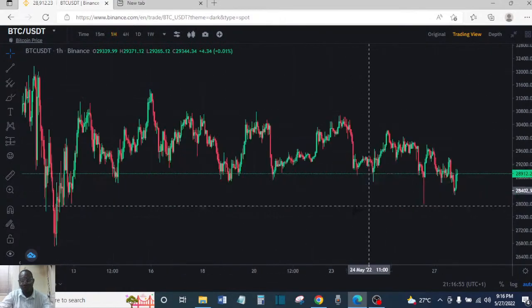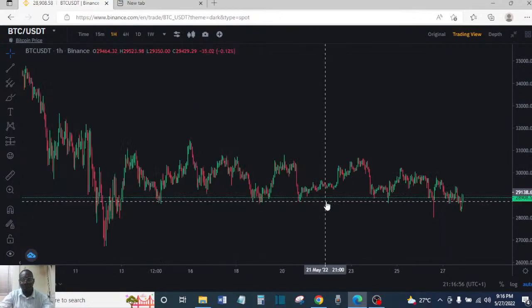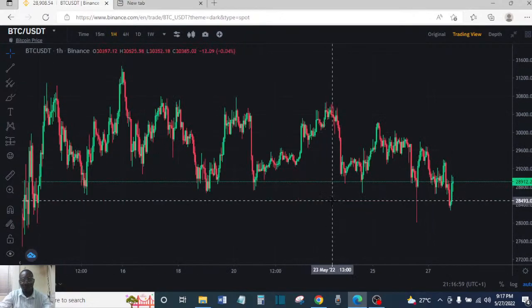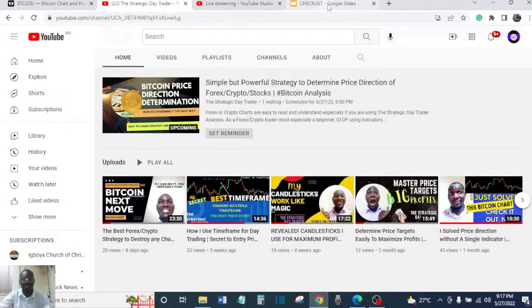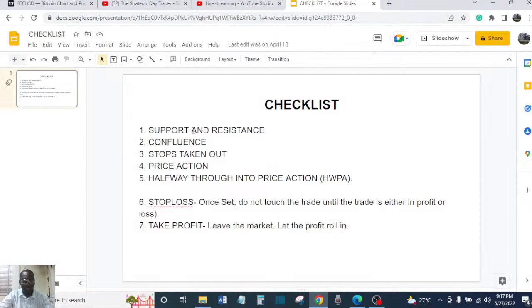For those that have been following me, I show them my checklist strategy. My checklist strategy is that you determine your support and resistance, you determine confluence, you determine stops that are taken out, and you also determine price action. Then you use your halfway into the price action.